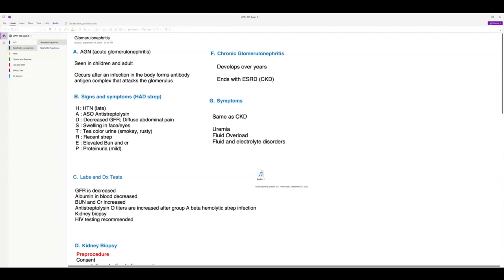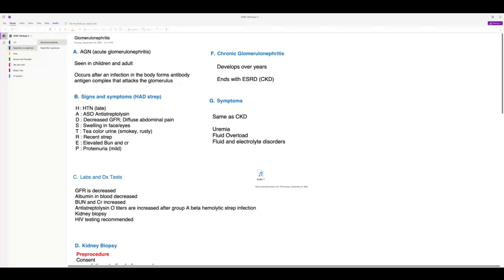Okay. They're going to have diffuse abdominal pain. They'll have swelling in their eyes and face. They'll have tea-colored urine. It's also described as smoky and rusty. They'll have a recent strep infection. They'll have an elevated BUN and creatinine, and they'll have mild proteinuria.